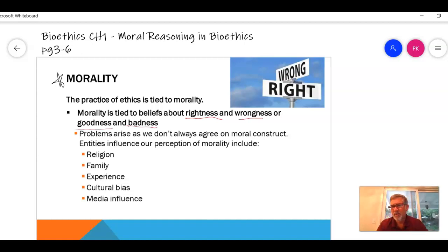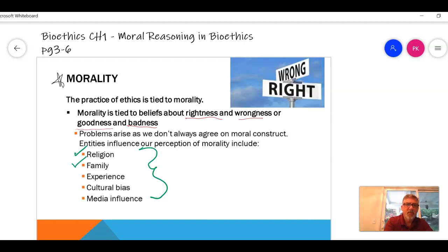They say that actions can be right or wrong, and people can only be good or bad, right? And so this all ties to our experience, right? So your religious beliefs may tell you that something is right, something is wrong, right?